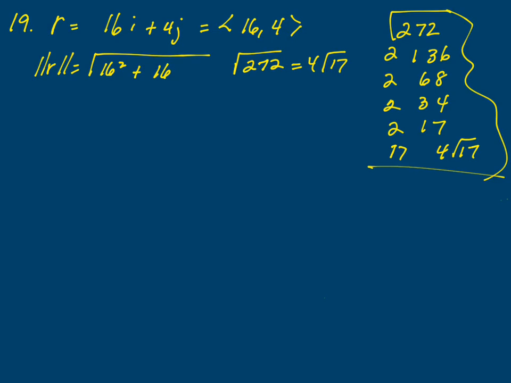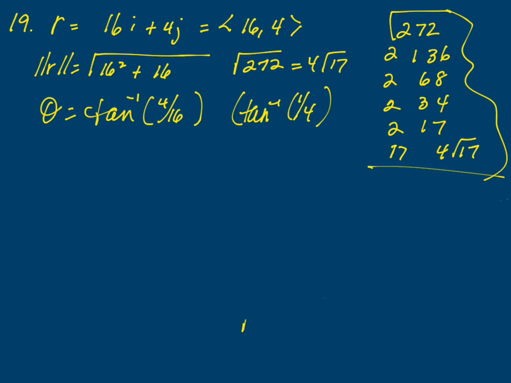So that was the magnitude. Theta is the inverse tan of 4 over 16, or inverse tan of 1/4. So use your calculator for that, because I don't know what the inverse tan of 1/4 is. 1 divided by 4, and I got 14.04.